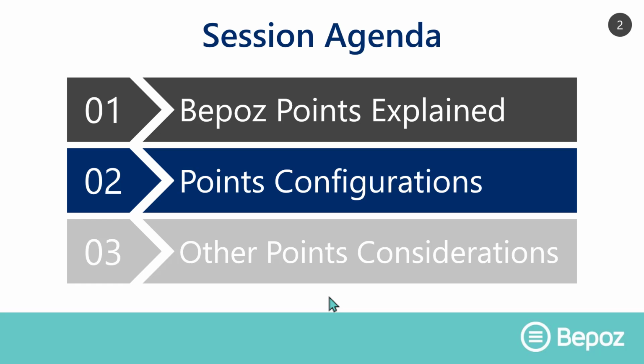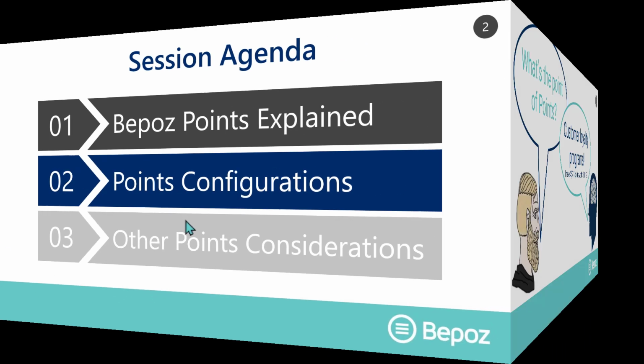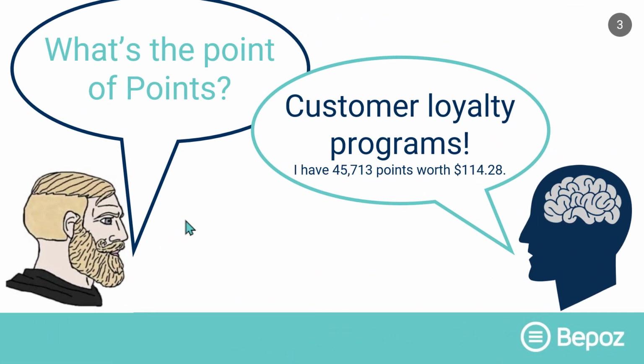So you'll see what I mean when we get to those. And we will finish up with some other points considerations, some other points, if you will. Just a few additional points related things that can optionally be used in an overall point system, or in some cases certainly would be used in an overall point system.